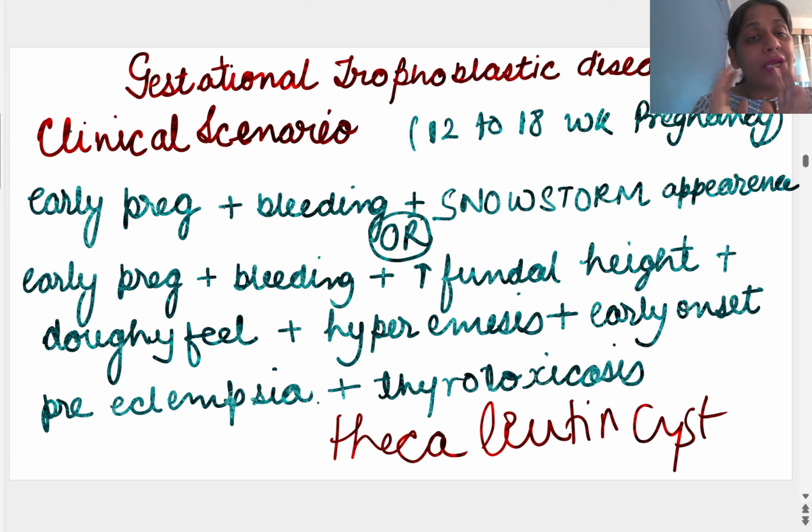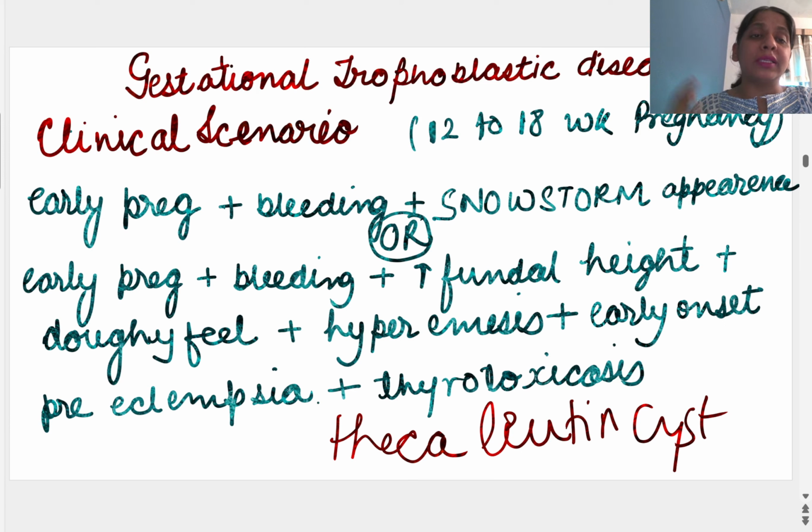We will have in mind that the patient is having an abortion, threatened abortion or incomplete abortion, whatever it is, and we will examine the patient and send her for ultrasound, and it will come out as a snowstorm appearance. There will be written on the ultrasound snowstorm appearance. It means it is a gestational trophoblastic disease.